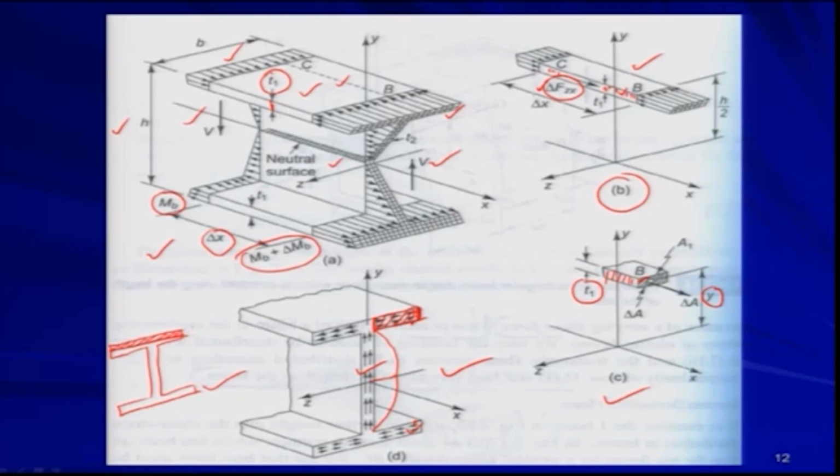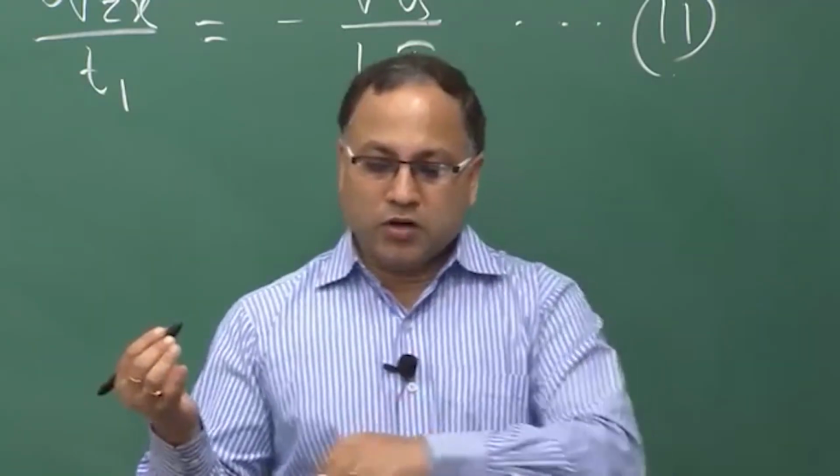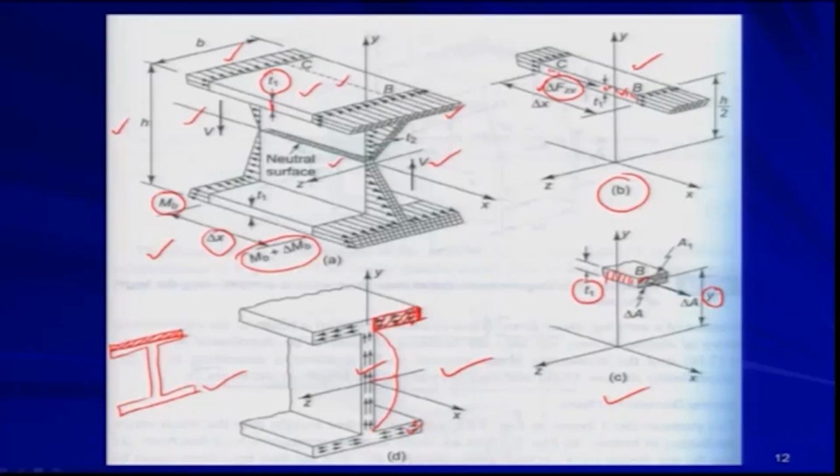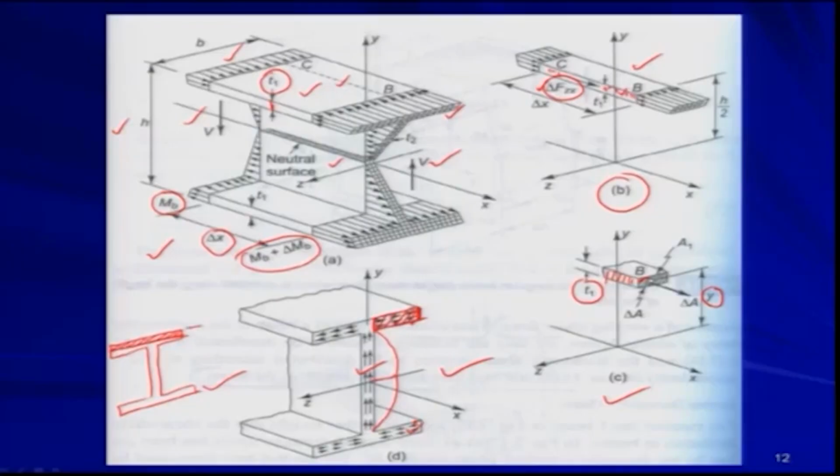But that tau xy will be very, very small compared to tau xz, because the thickness of the flange will be very, very small compared to the flange width. So, this is the flange width, say B.